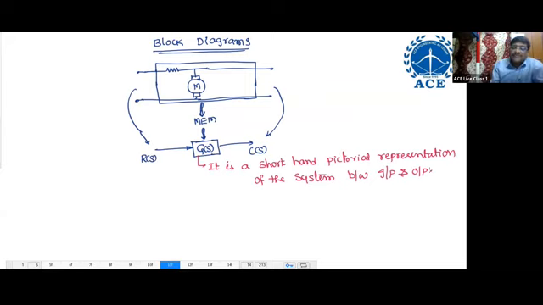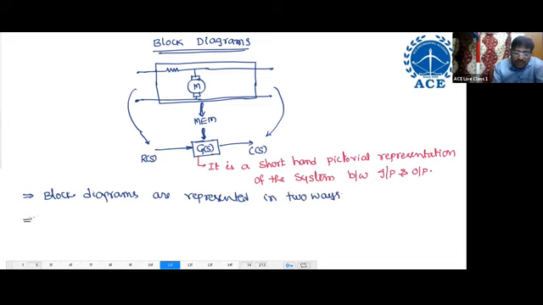These systems, based on the physical model, we can represent in two ways. One is open loop type, the second one is closed loop type. Block diagrams are represented in two ways.